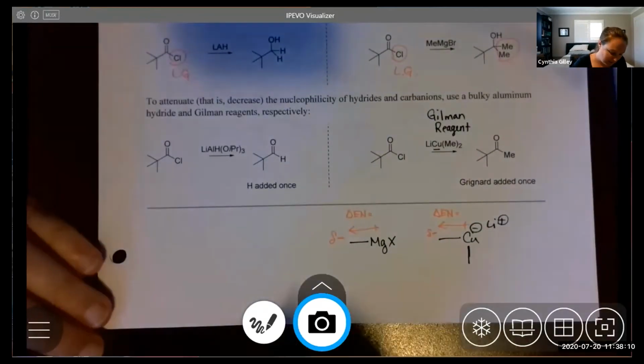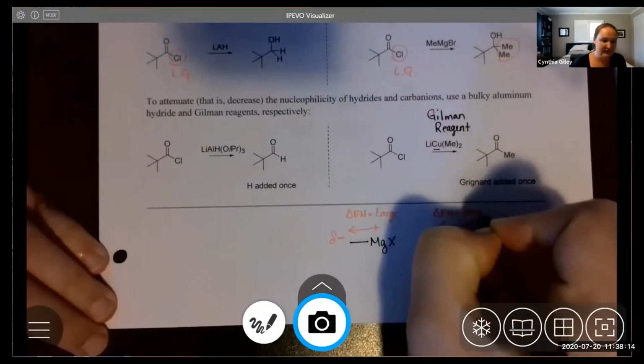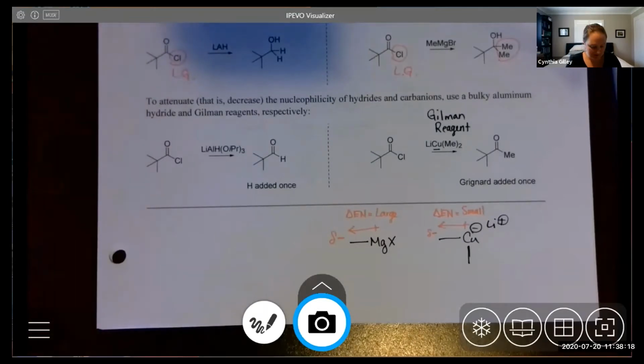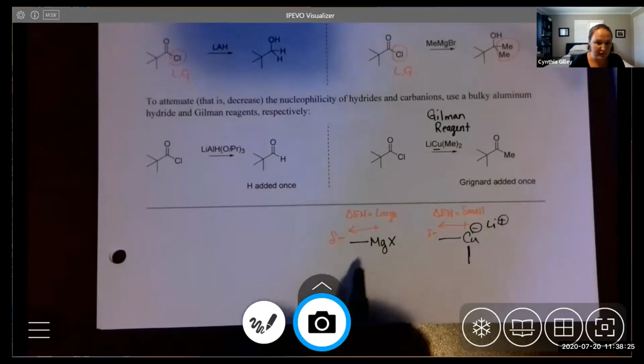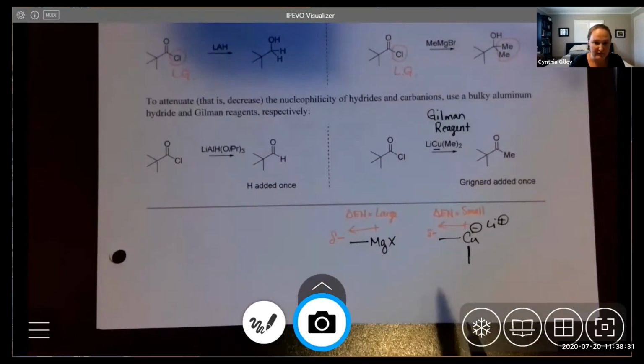So I'm just going to put large, large, small. I don't feel like calculating it right now either. But anyway, the point is that the carbon anion on the Grignard is very nucleophilic. This carbon anion is not as nucleophilic.